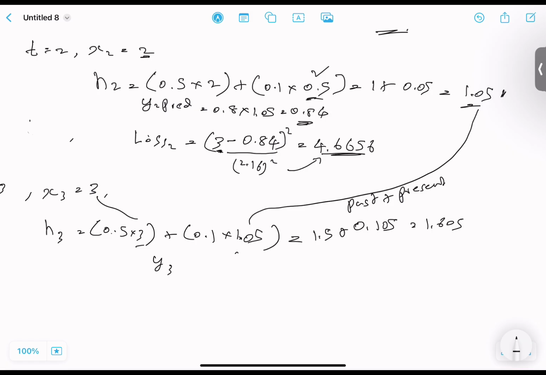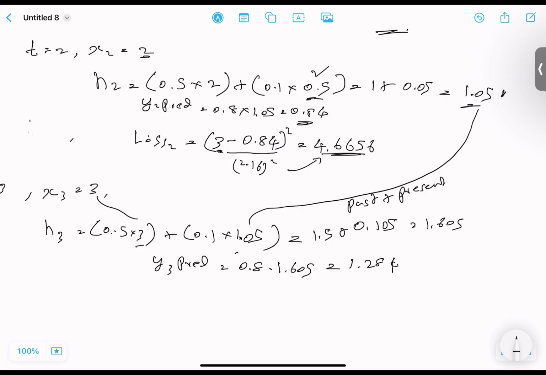So the prediction is 0.8 into 1.605, which is 1.284.